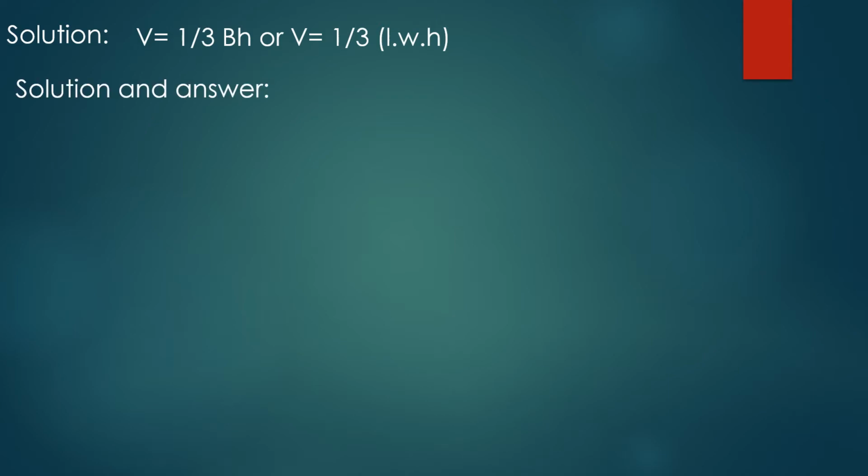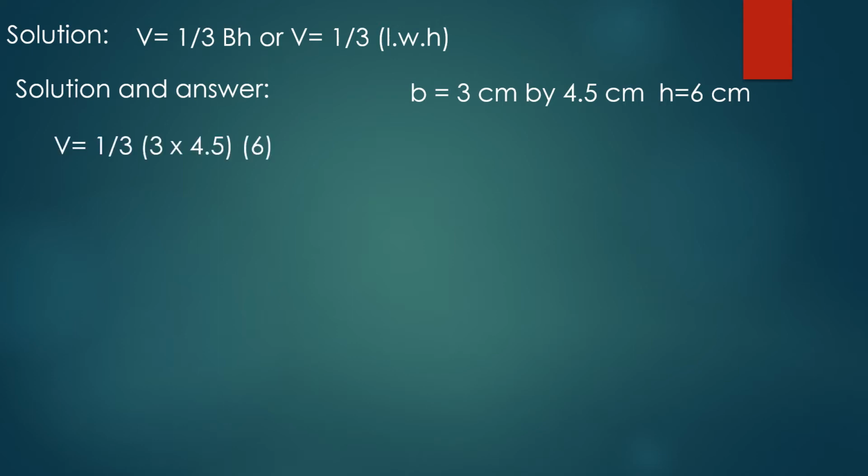So now let's have solution and answer. But before that, we have the given. The base is 3 cm by 4.5 cm because the base is rectangle in shape. And the height is 6 cm. Now, let's carry on with the formula. Base times height times 1/3. So 1/3, the base is 3 times 4.5 times 6.